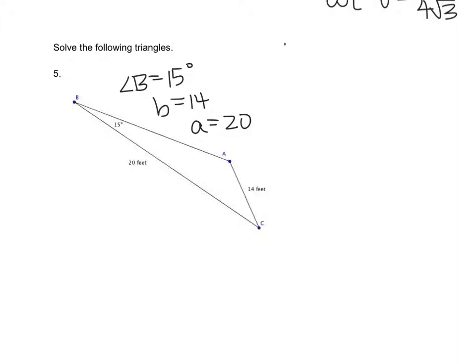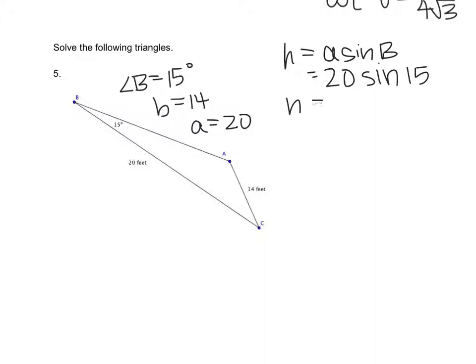So the height is going to actually be A times the sine of B. So it's going to be 20 times the sine of 15. So our height is 5.18.